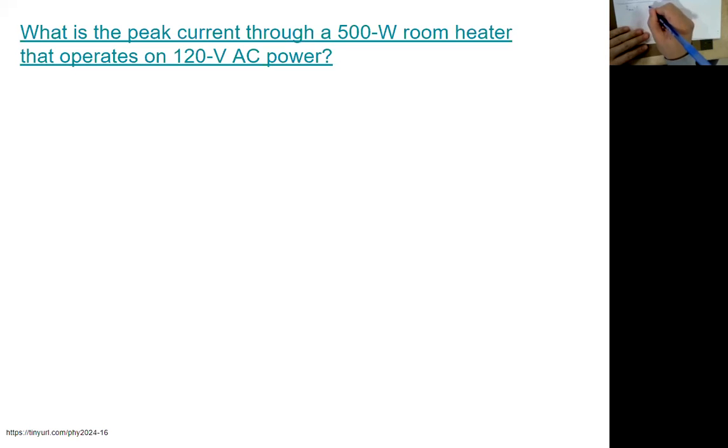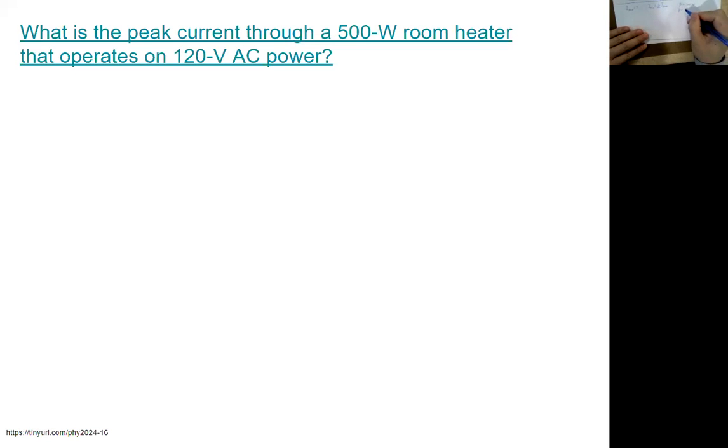Okay. So I RMS is equal to 1/√2 of the peak. So that means if you can find out your RMS current, you can find your peak value for the current. Okay. Now it tells you the power is equal to 500 watts.